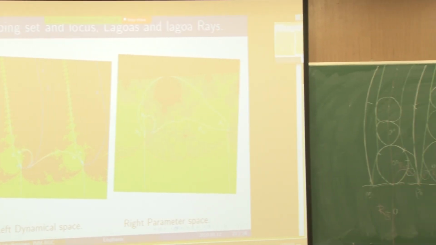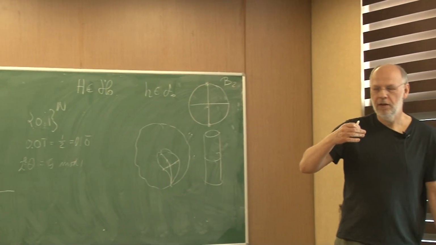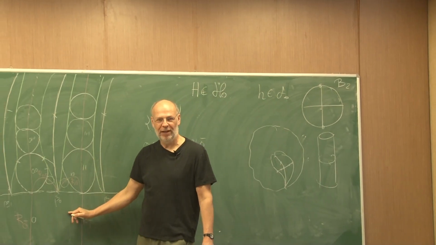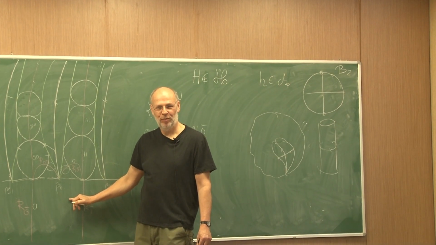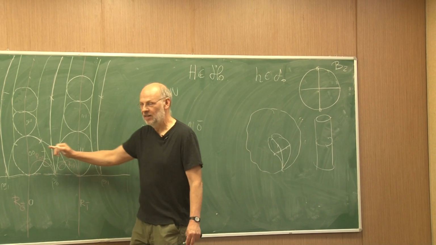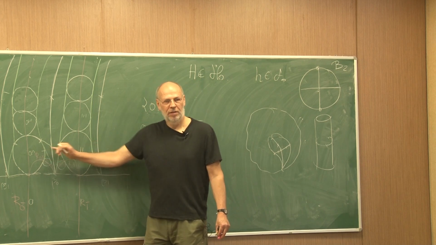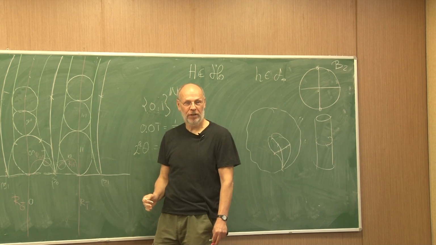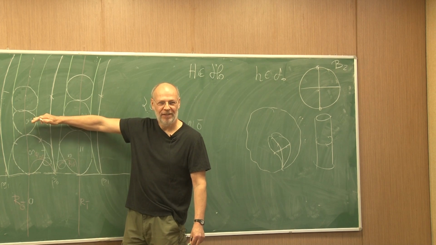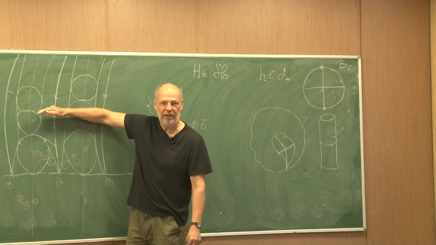When you move the parameter, you don't have a bifurcation of these images, the lagoas? Not for the level 0, because that would require that the critical value was outside. But if the critical value did not escape, then the level 0 lagoa, or level 1 lagoas, do move holomorphically. Now, if my critical value doesn't escape after 2 iterations, even after 1 iteration, then I can do the next level.